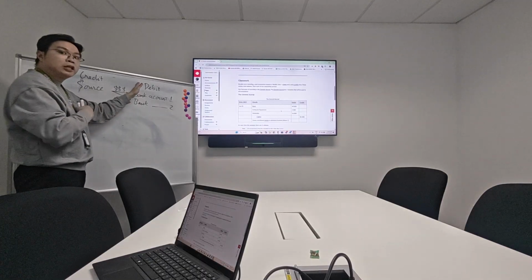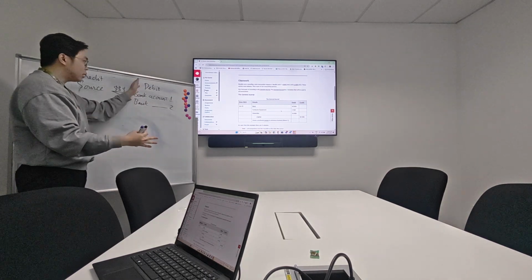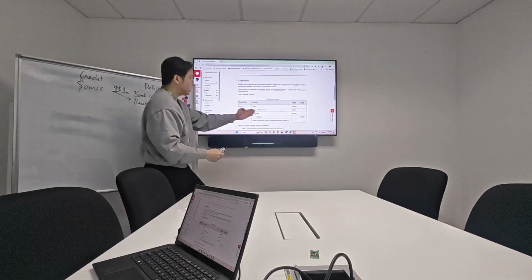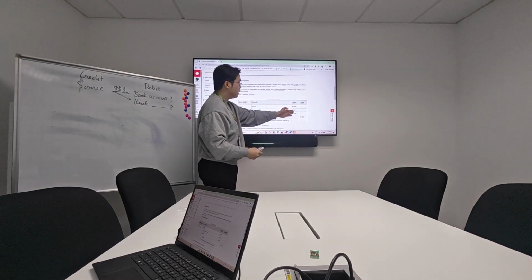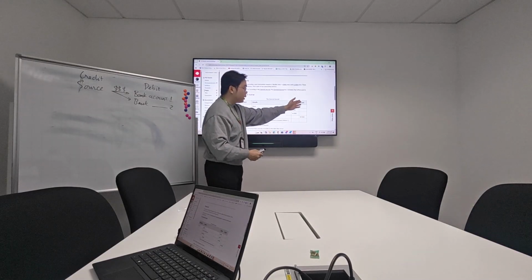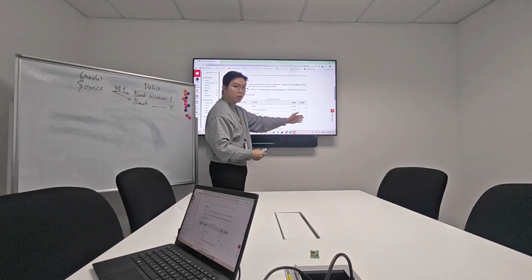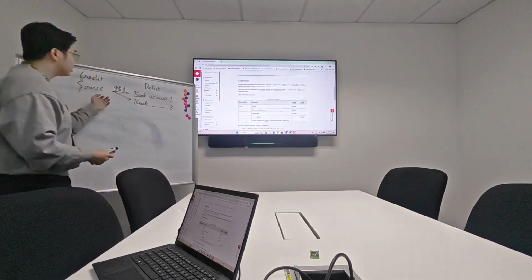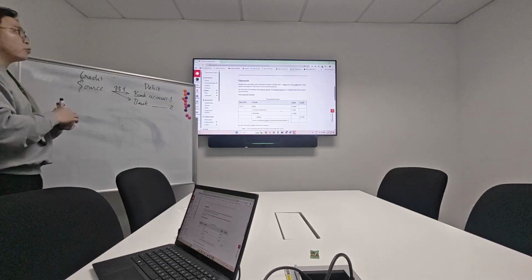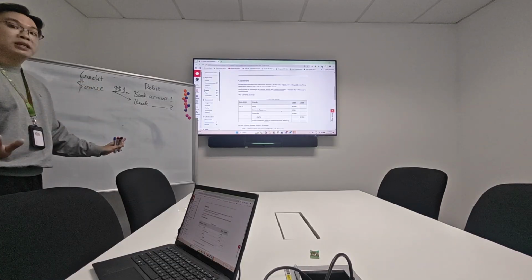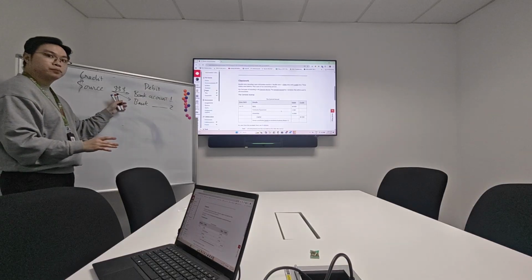Debit means money going into whatever account is on the debit column. And whatever account is on the credit column, it means money is going out of that account. Okay? So the rest of topic 2 and topic 3 will be using the same principle.